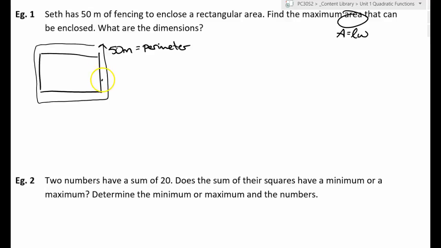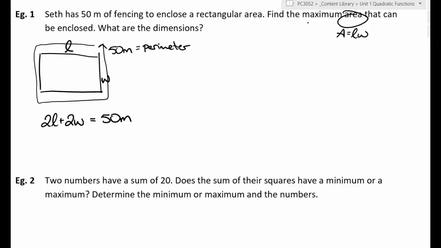Well, the dimensions are length and width. And we can create an equation based on this perimeter piece to help us out. 2 lengths and 2 widths are going to get us to 50 meters. But we also know that area is length times width.